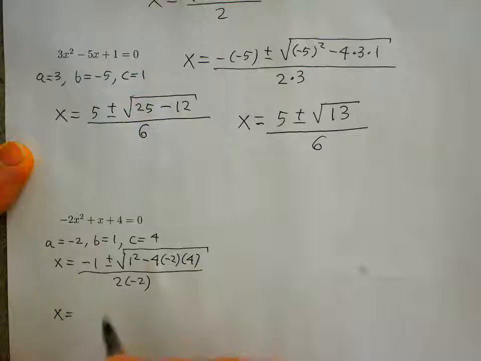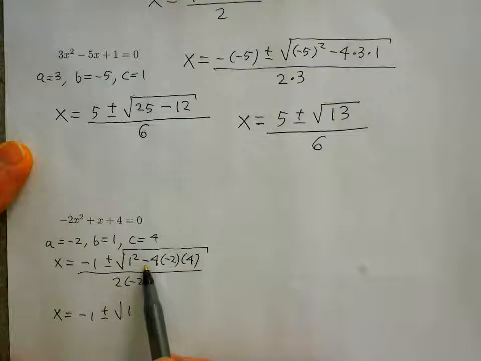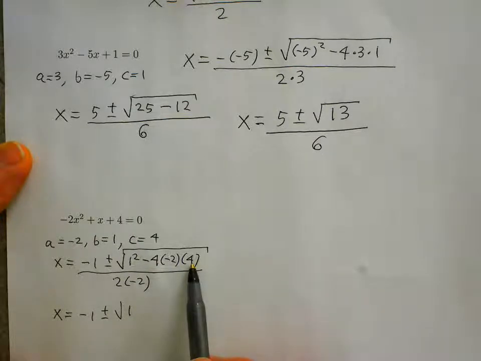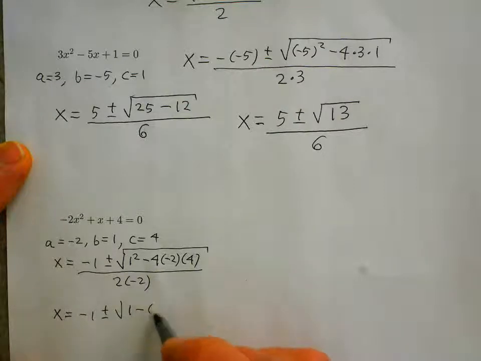Okay, so x equals negative 1 plus and minus the square root of a number. So 1 squared is 1, and we're subtracting 4 times negative 2 times 4. So we're subtracting negative 32.